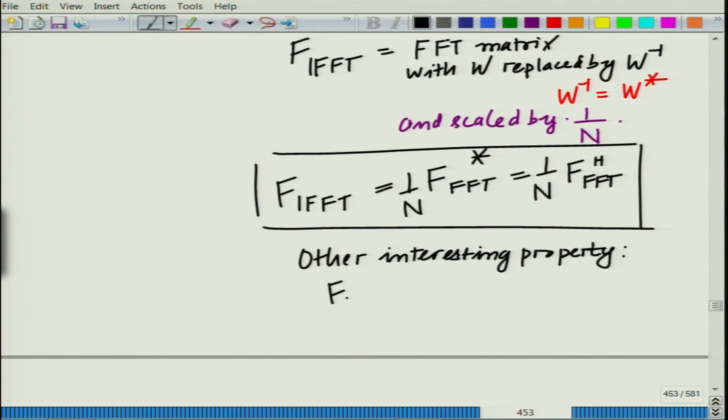Okay. Now, the other interesting property is that F IFFT into FFT equals identity, right, because if you take the FFT and then follow it by the IFFT, you will get back the original signal. But remember, F IFFT is nothing but the Hermitian of FFT, of course times 1 over n.